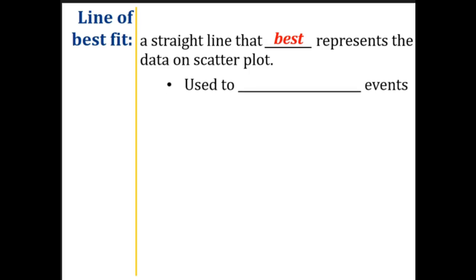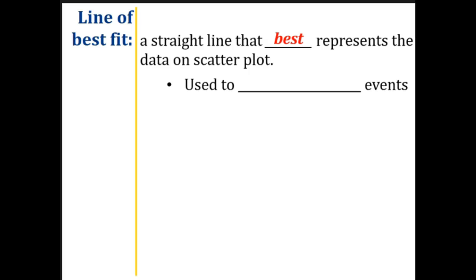So it is used to do what with events? If we're looking at data and we are plotting information, we're looking to do what? Give me a guess, which is kind of a hint.